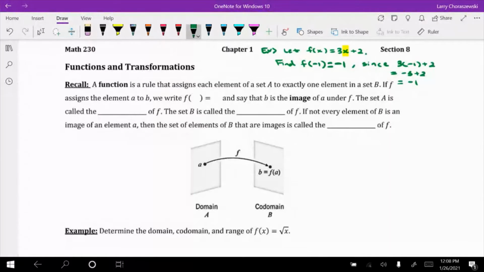Now, linear transformations, which we'll get to, work in a similar way, except we don't use the mixture of numbers like this, where we have 3 times the vector x and then add 2.